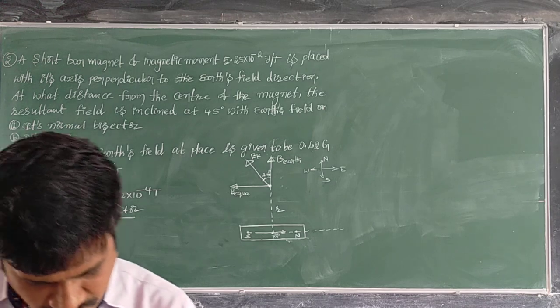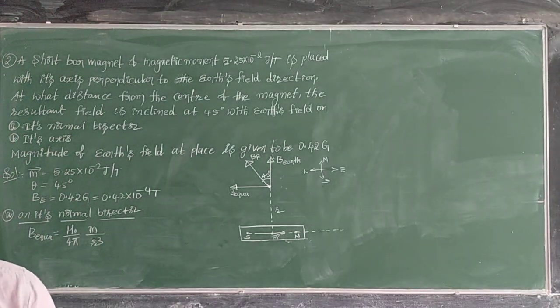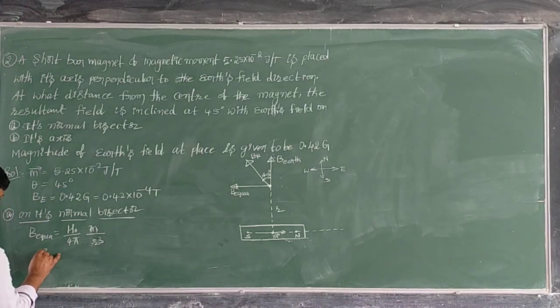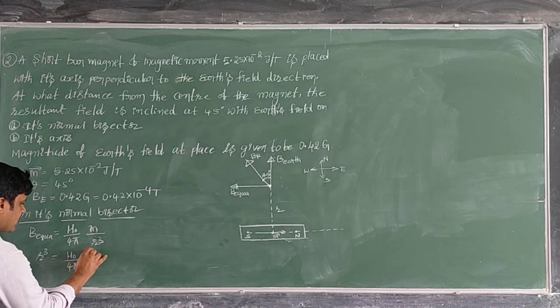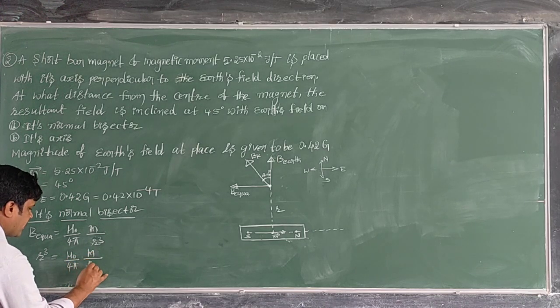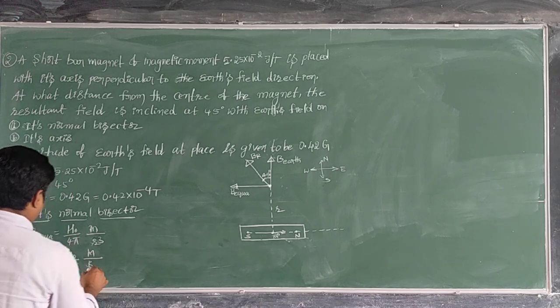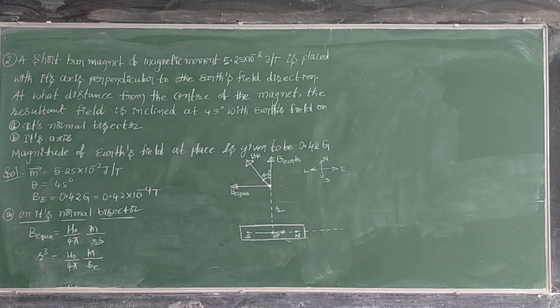From this, we can write r cube is equal to mu naught by 4 pi into m divided by the magnetic field on the equatorial line.